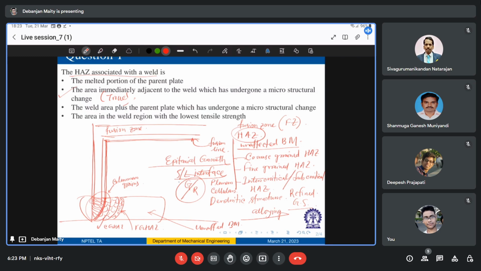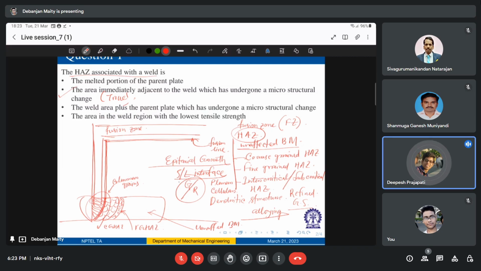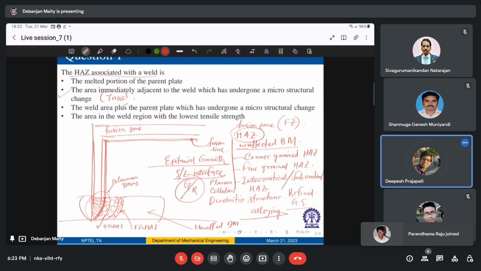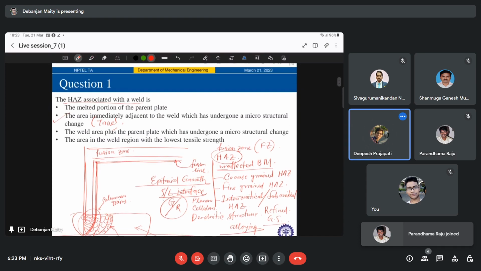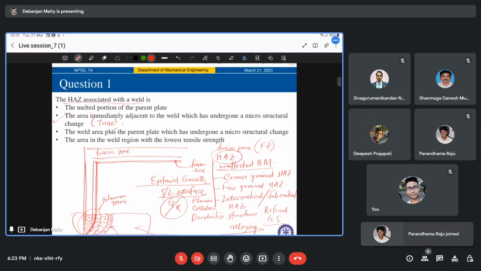So any question from here? Whatever discussion we have done in terms of theory, of course. Sir, in the assignment, we had the same question, but the answer given was the third option: the weld area plus the parent plate, which has undergone a microstructural change.